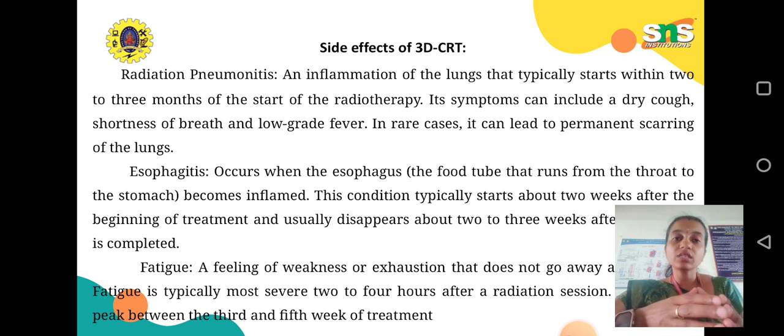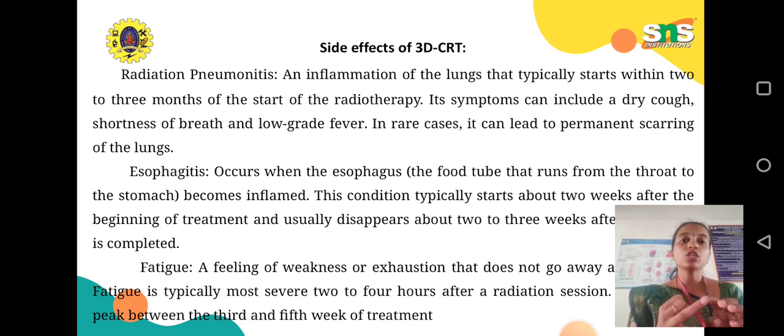Side effects of 3D CRT. What are the side effects we can find? Radiation pneumonitis, esophagitis and fatigue. What is radiation pneumonitis?